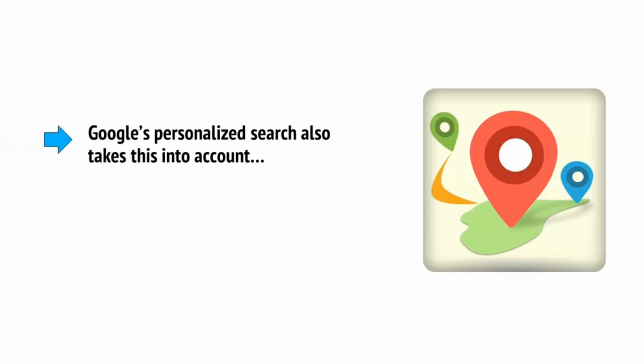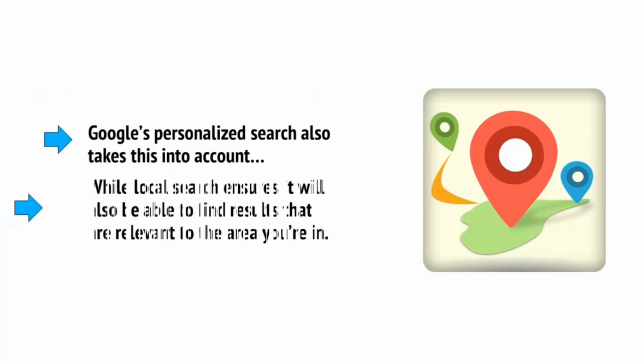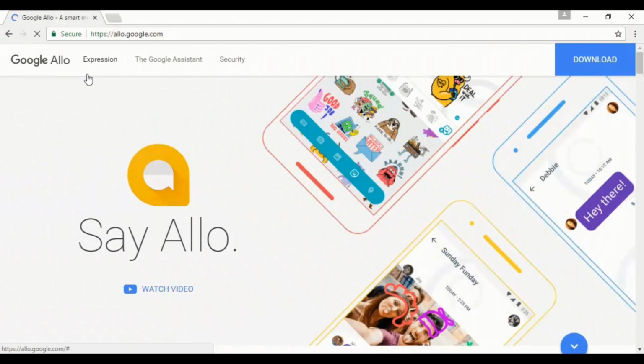Google's personalized search also takes this into account, while its local search ensures that it will also be able to find results that are relevant to the area you're in. All of this combines when you use Google Now via voice search through Google Allo or Google's new Pixel phones. Here, you're able to conversationally ask Google what time it is, what the highest mountain in the world is, how high is it exactly, all that sort of stuff.